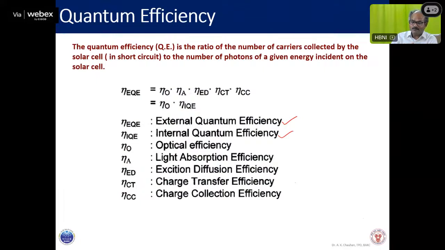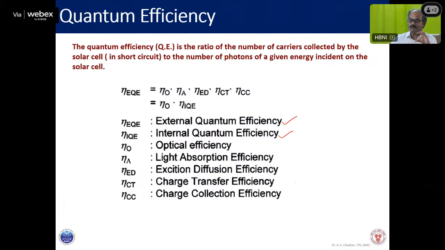However, the external quantum efficiency also takes into account how many photons were sent to the solar cell. If some were reflected, it will account for those also. However, for internal quantum efficiency, only the photons that have actually been absorbed are accounted.